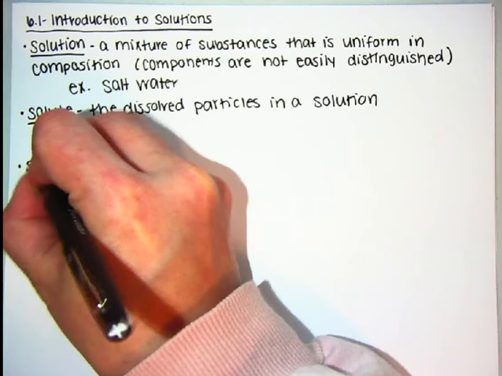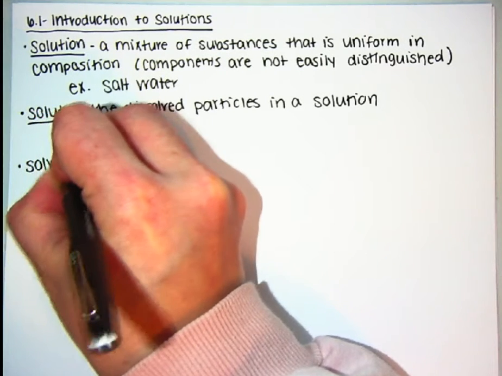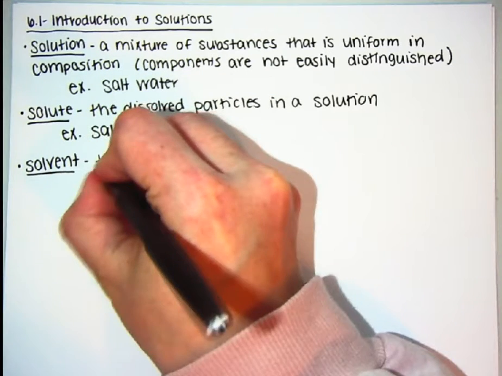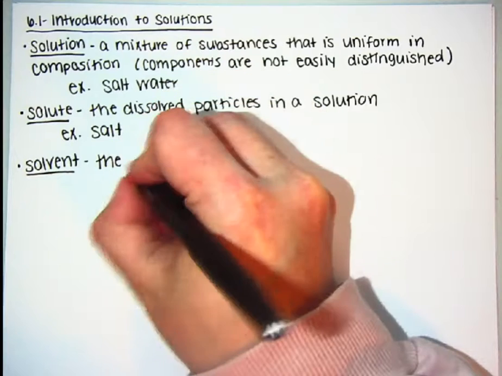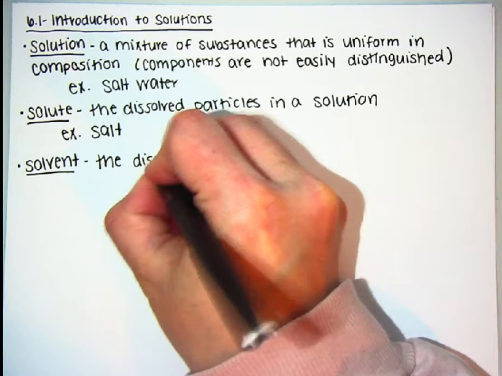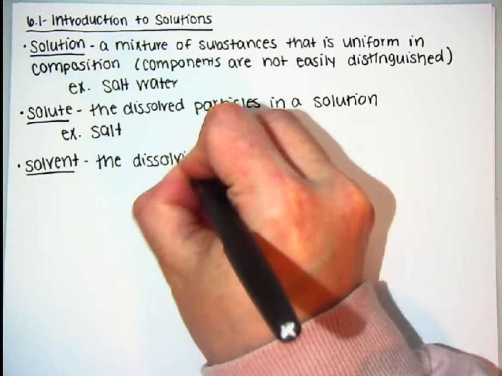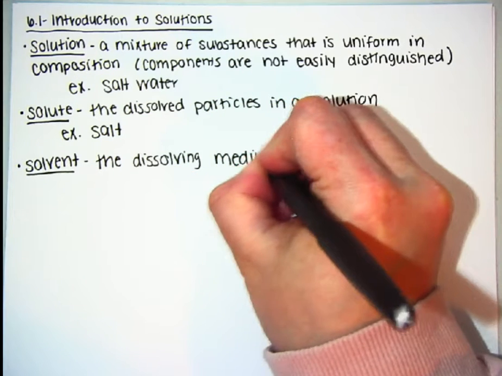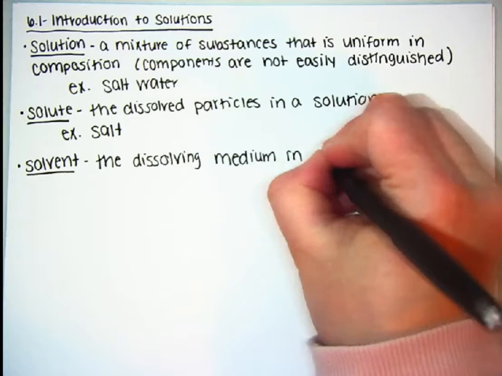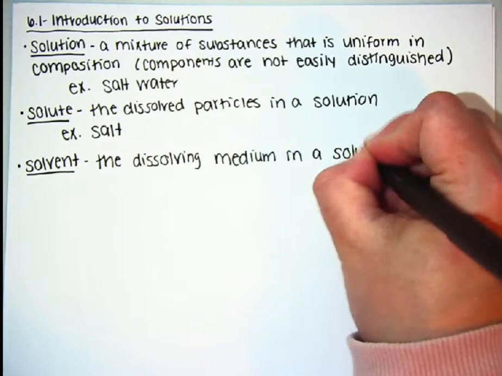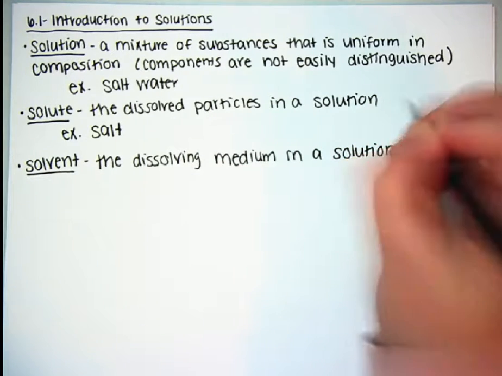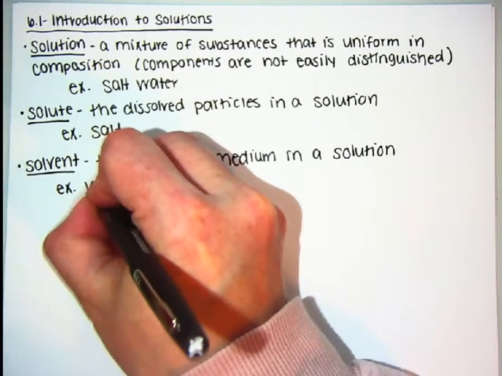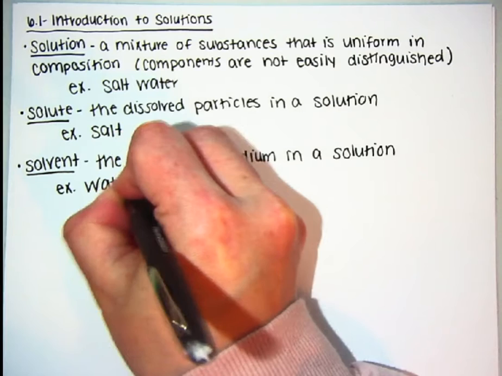We call the other part of the solution the solvent. Solvent is defined as the dissolving medium in a solution. So the salt would be the solute, the water would be the solvent.